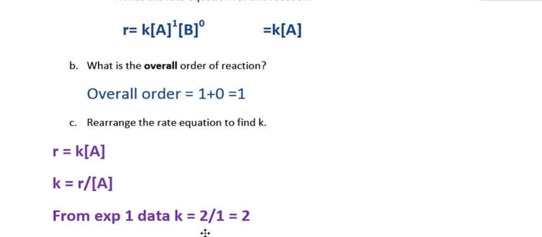Now, once you've put that data in and you've got a value for k, you're not quite finished. You then need to work out what the units of k would be.